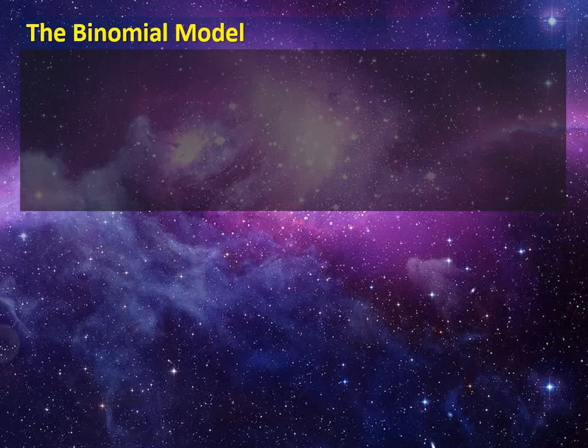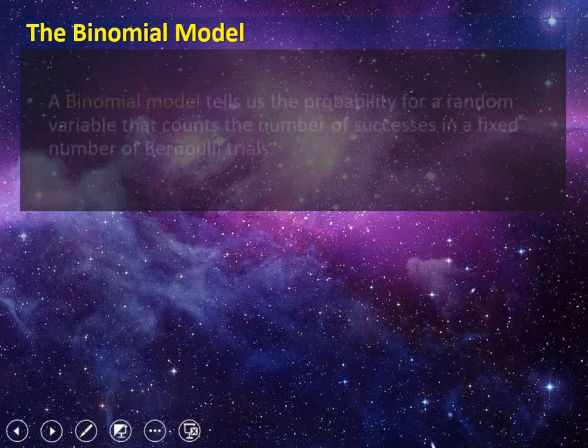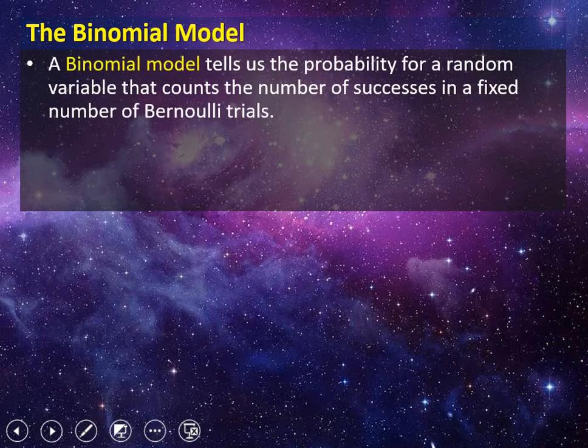The binomial model says no matter what, I'm going to have a set number of trials. That's fixed. I don't care what happens, I'm going to do it 10 times. And then it asks, within that set number of trials, within those 10 times, what's the probability I win twice? What's the probability I win 5 times?